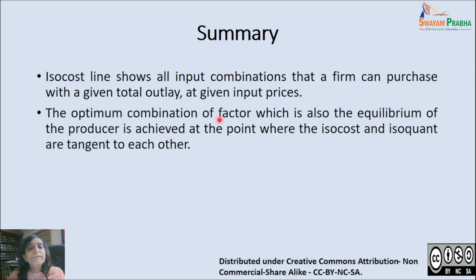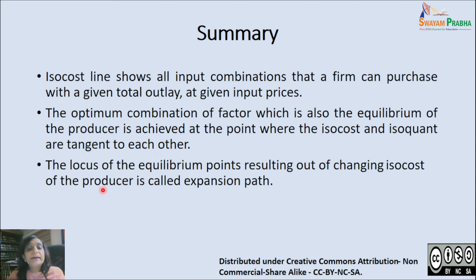The optimum combination is achieved at the tangency of the isocost and the isoquant. And the expansion path is the locus of the equilibrium points which we get by changing the isocost of the producer. That is, if the cost lines shift, you will get to a higher level of output. When you join the points of tangency of isocost and various isoquants, the curve that you get is called your expansion path.